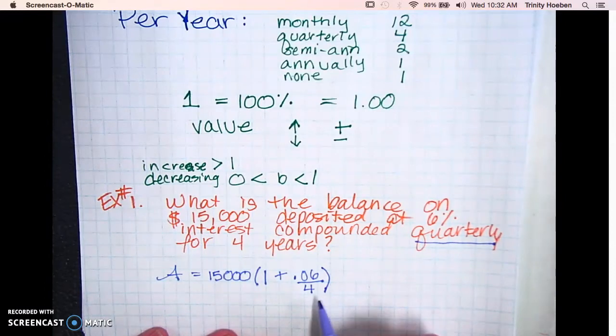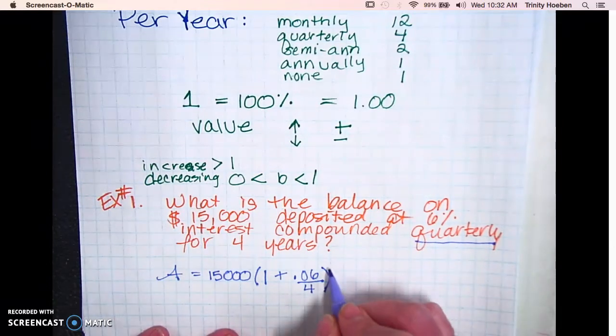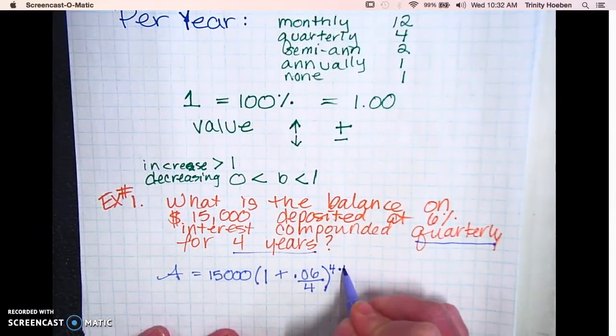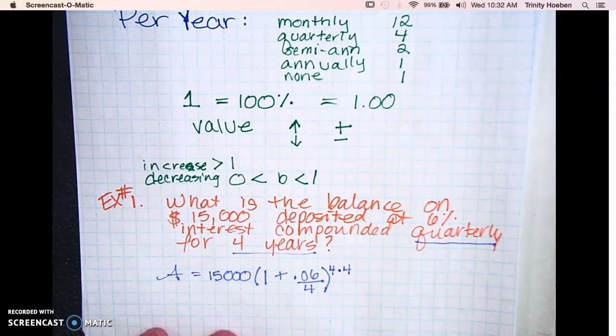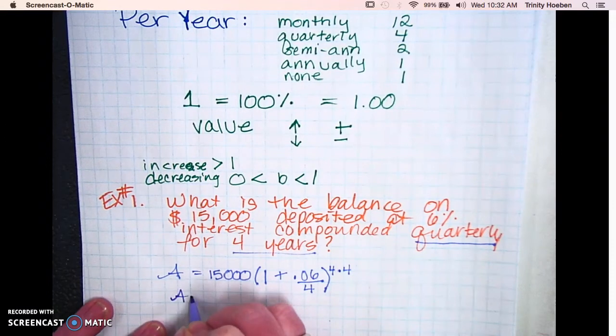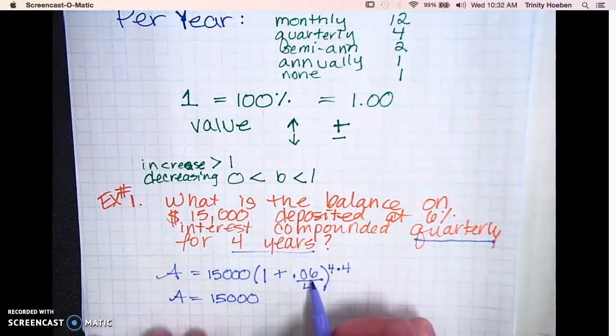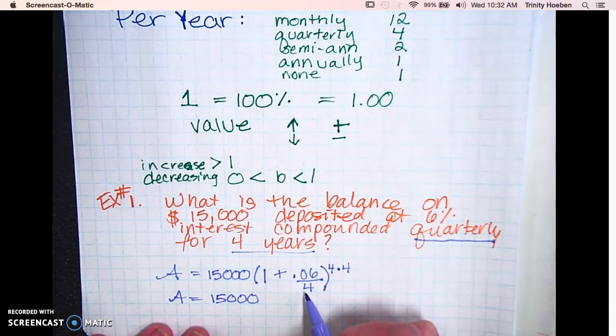Then we need to raise it to the power of the number of times per year, which we just said was 4, times the number of years, which is also 4. Okay? You can type this straight into the calculator like this, and it will do it for you. You just have to tell it the order of operations. But it might be easier to simplify it first, then type it into your calculator. So I'm going to take the 0.06, divide it by 4.